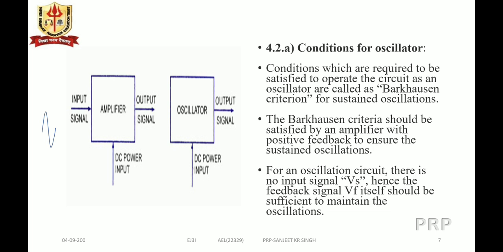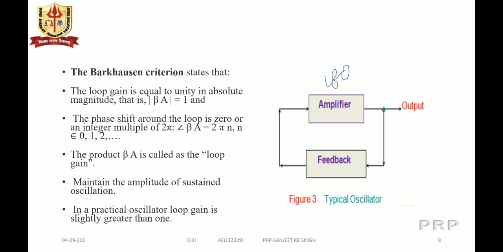For an oscillator circuit there is no input signal, as we see in the block diagram. No Vs is given, hence the feedback signal Vf itself should be sufficient to maintain the oscillation.